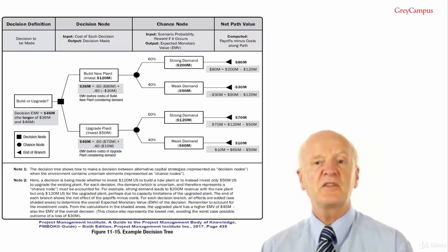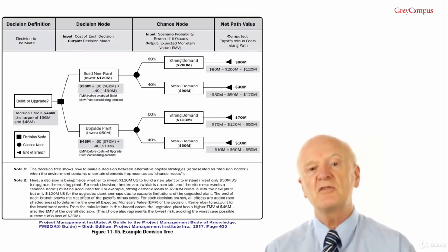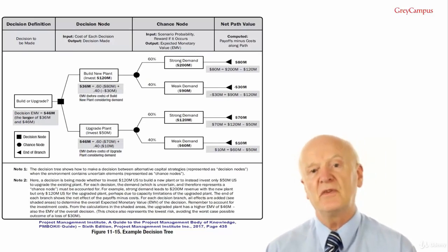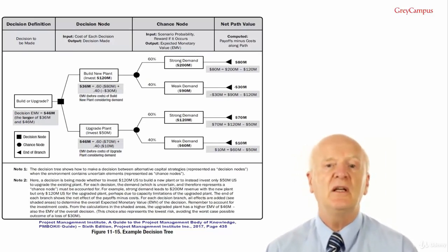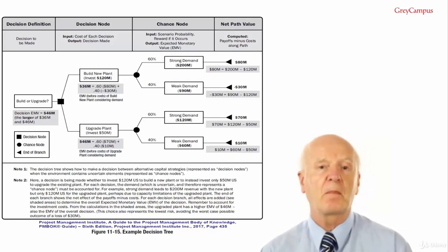Decision tree analysis. This is used to support selection of the best of several alternate courses of action. Alternate paths through the project are shown in the decision tree using branches representing different decisions or events, each of which can have associated costs related to individual project risks, including both threats and opportunities.